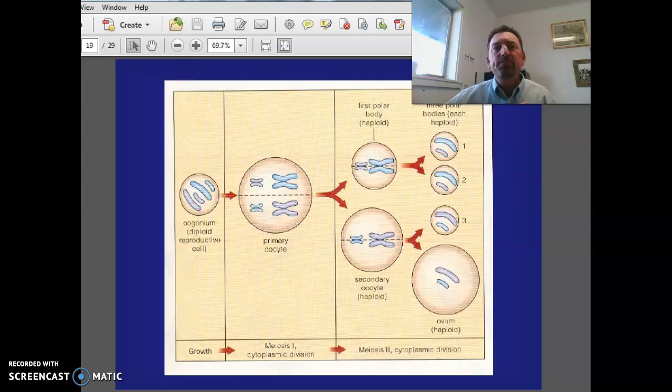It is a big difference between the male and the female, but it has to be this way because there is only 1 of those 4 that has enough cytoplasm to maintain a pregnancy until it gets to the uterus and can implant and then feed itself from the nourishment of the host, or the mother.